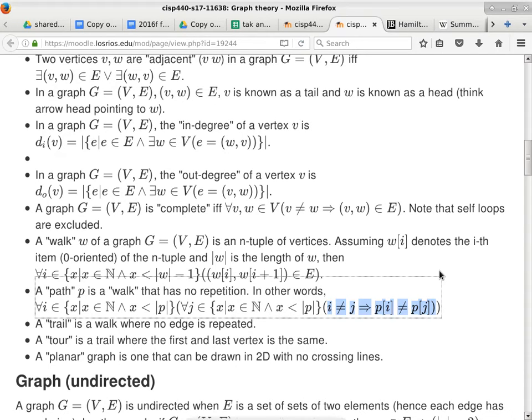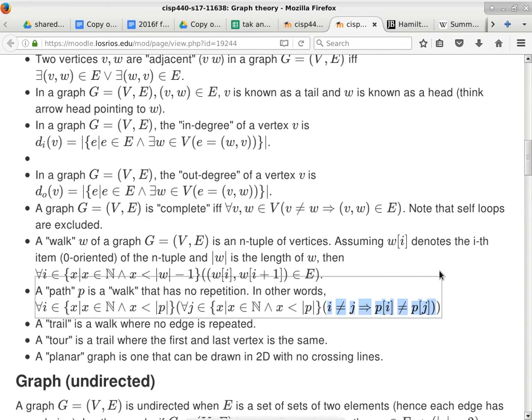Now, what if I and j are the same? If I and j are the same, what happens to this implication? It becomes true. Why does it become true? If I and j are the same, why is this implication becoming true just like that? Because in the implication, what is an implication?